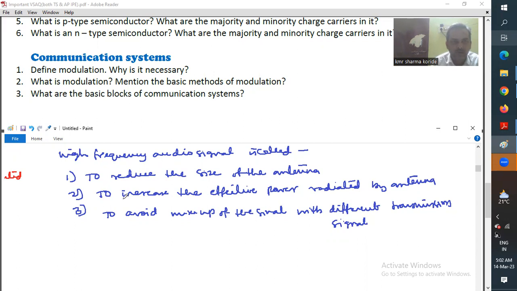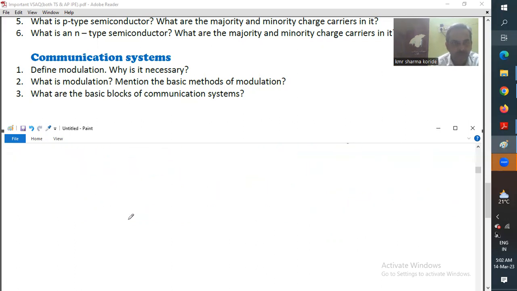Next, moving to the next question. Question number 2. Again, part of the question is repeated. What is modulation? Mention the basic methods of modulation.